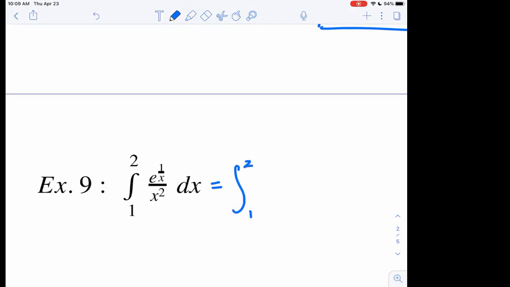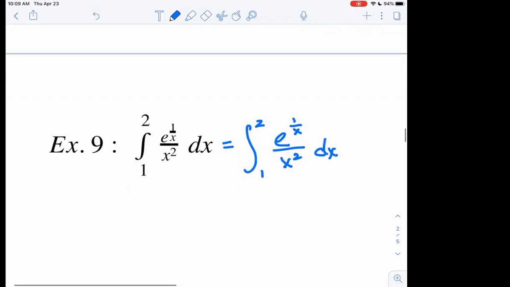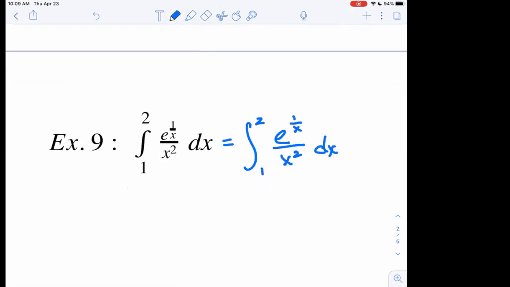And on the bottom here, I do have an x squared dx. But on the top, that's e to the power of 1 over x. Okay, so that 1 over x is supposed to be a power. So knowing that, what are our intuitions telling us should be our u?